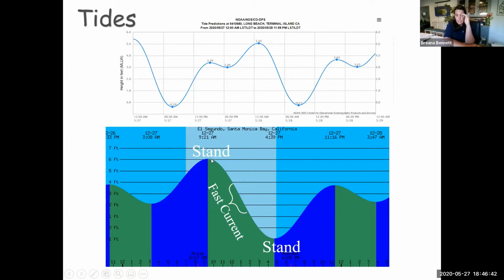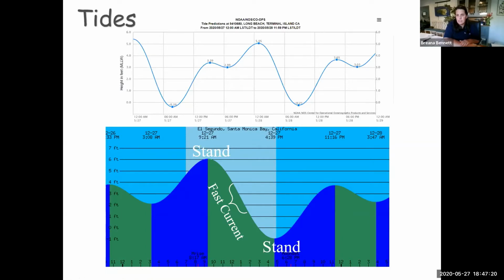So it gets really high and then it starts going low, and right here, this time period is where you're going to have the fastest moving water, the fastest current, and then the current starts to slow when you get to the stand, and then you're going to have the fast moving current again, because you have the bigger difference. If you look at slope, the slope is a lot increased during that middle time between each slack or stand.